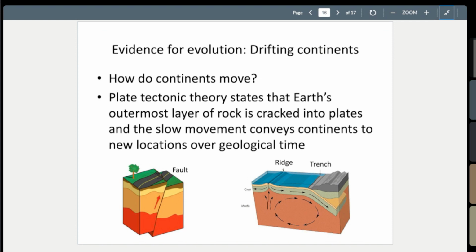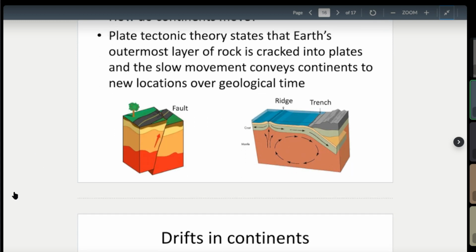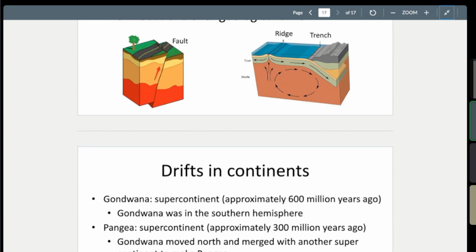An earthquake would happen with the shifting of those plates. They slowly go down into the earth, get recycled, and then come back up. So it's like a cycle, like conveyor belts, moving plates to new locations over geological time.